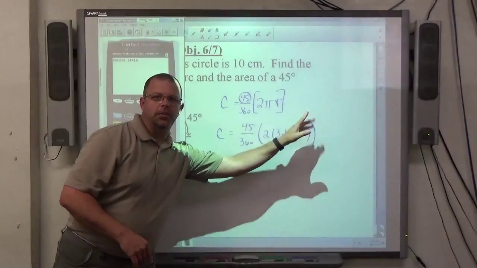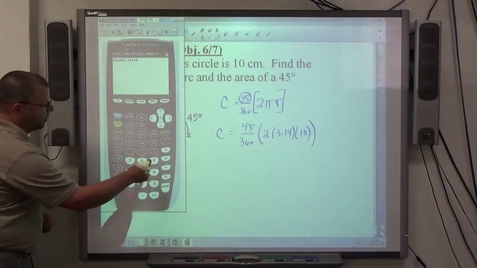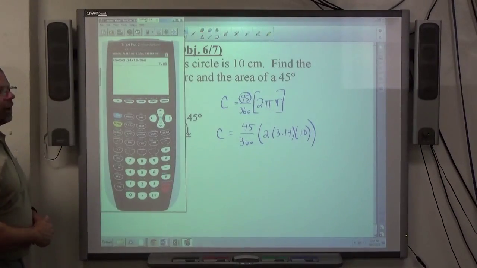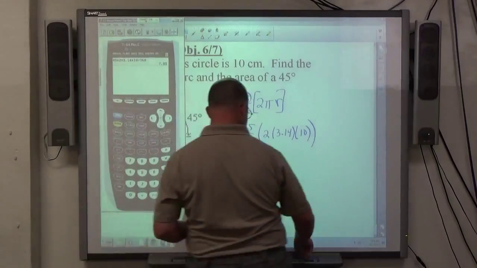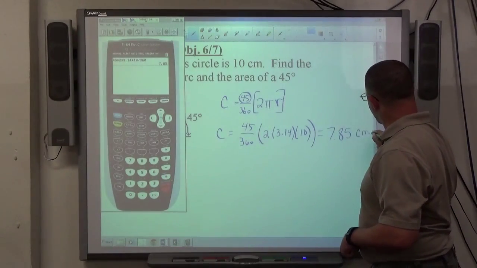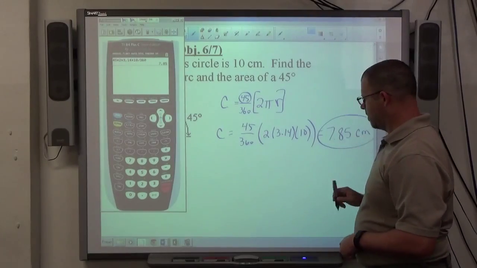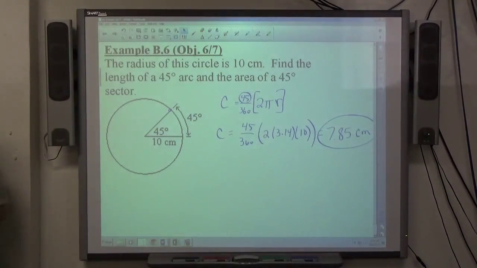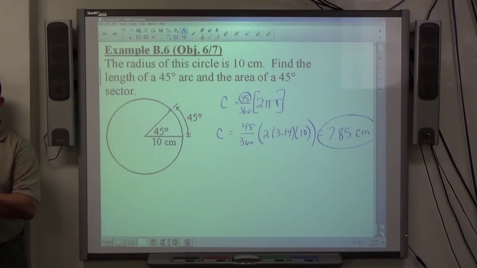Once I've multiplied everything, then divided by 360, equals. And you see the answer is 7.85. And that's how you find arc length. Circumference of the whole circle times what fractional part of the circle you have.